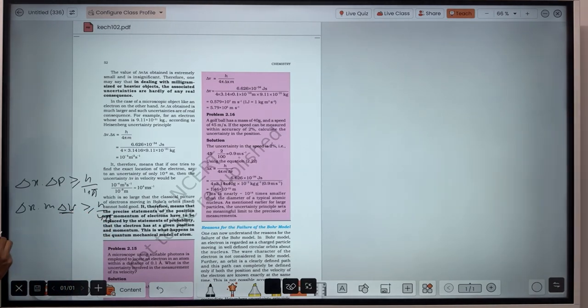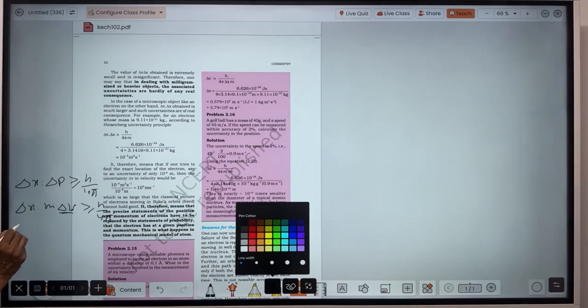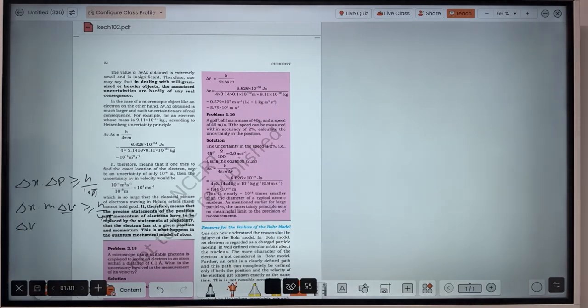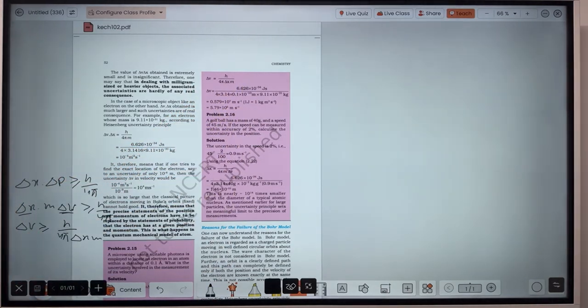So delta x into m delta v will be greater than or equal to h upon 4 pi. So the inaccuracy in velocity, delta v, will be greater than or equal to h upon 4 pi delta x into m. At most, that can be equal to.